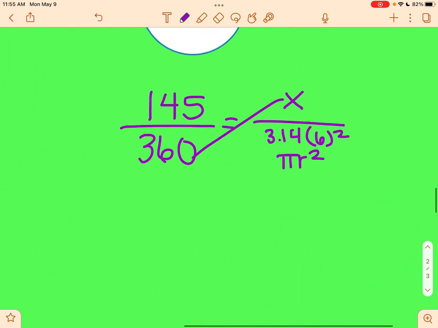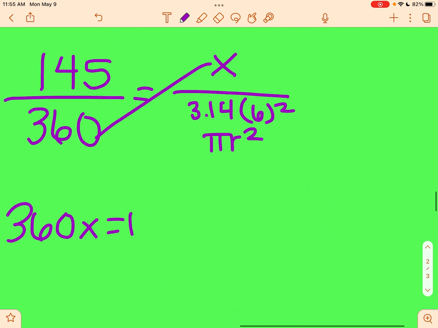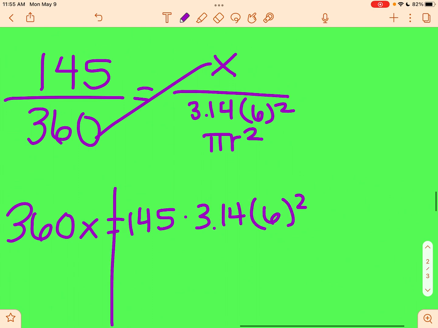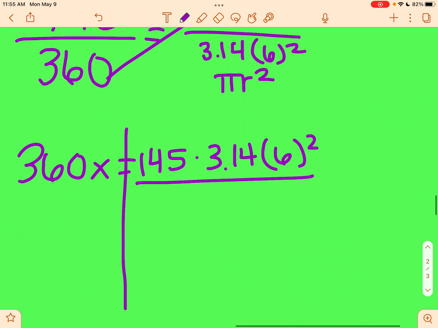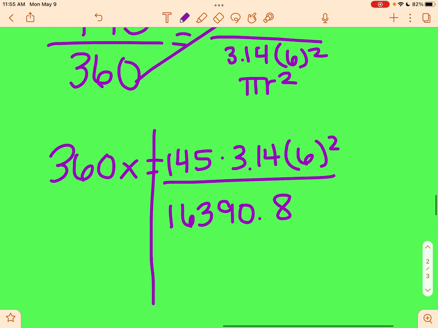Okay, let's solve. We get 360x equals 145 times 3.14 times 6 squared. Now remember, to solve, we need to type all of this in on our calculator. So I'm taking 145 times 3.14 times 6 squared, which gives me a huge number, 16390.8.